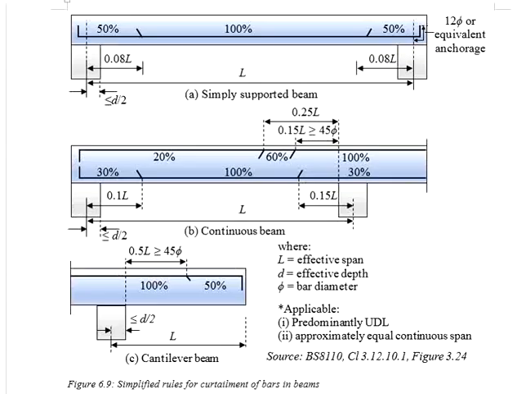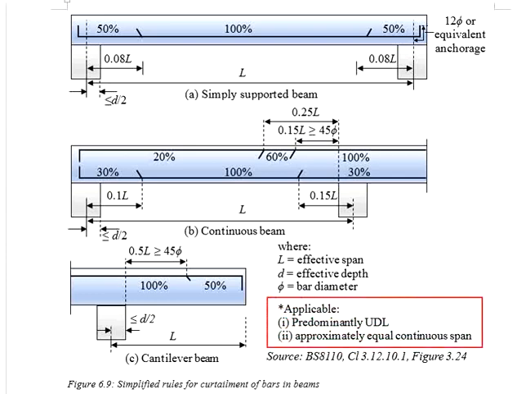And then one more thing, these simplified rules given by the British Standard cannot be universally used in all cases. There are conditions which the loads have to be predominantly uniformly distributed. And for continuous members, the span should be more or less equal.